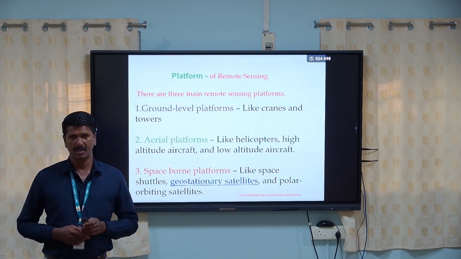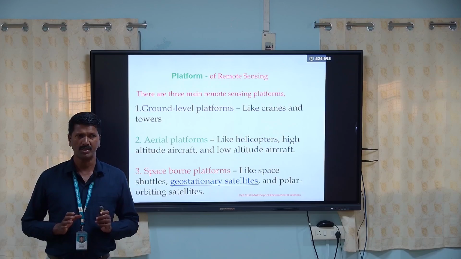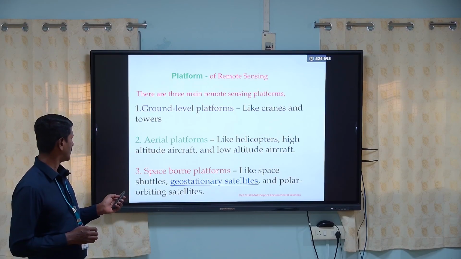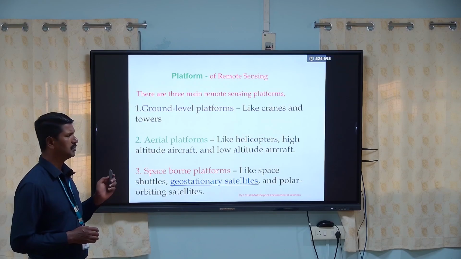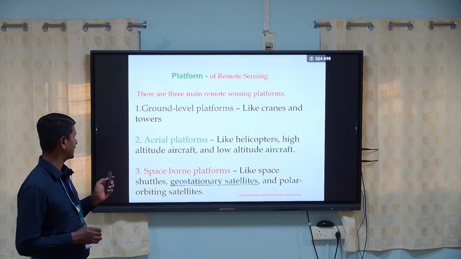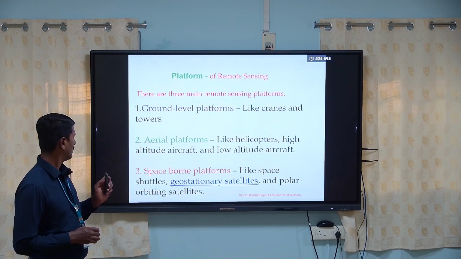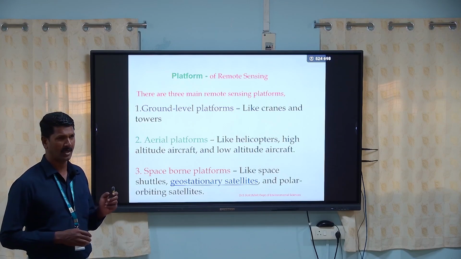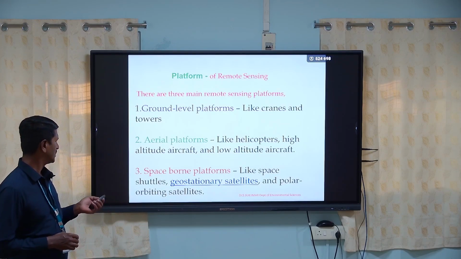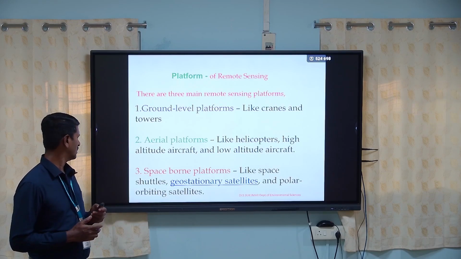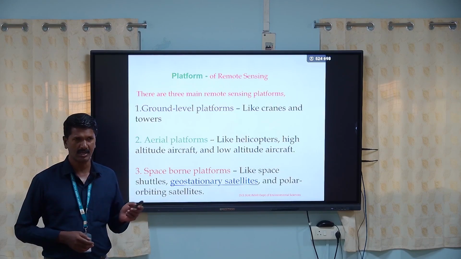Remote sensing technology has three important platforms. Number one, ground level platform. Number two, aerial platform. Number three, space platform. The ground level platform includes cranes and towers. The aerial platform includes helicopters, high altitude aircraft and low altitude aircraft. And the third one, the space platform, includes geostationary satellites and polar orbiting satellites.